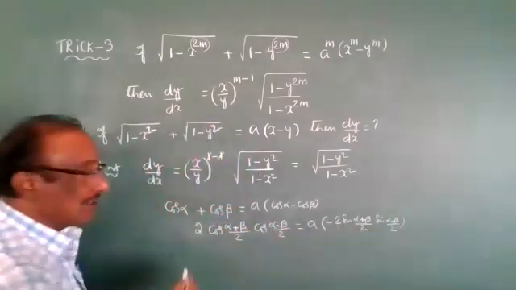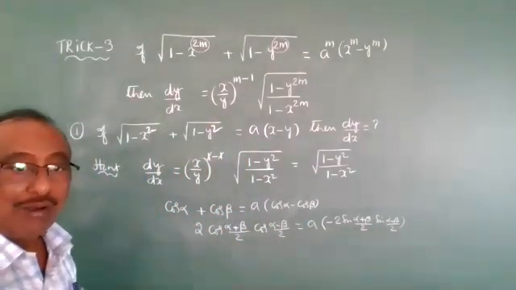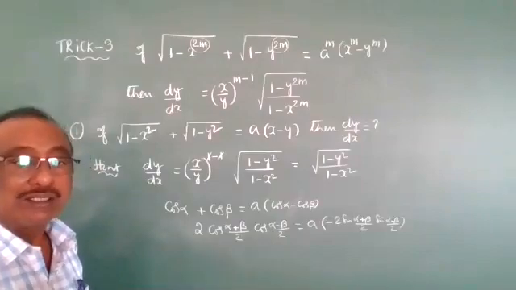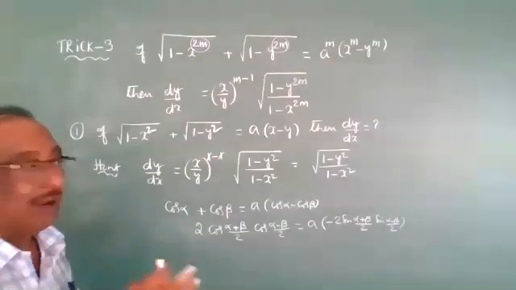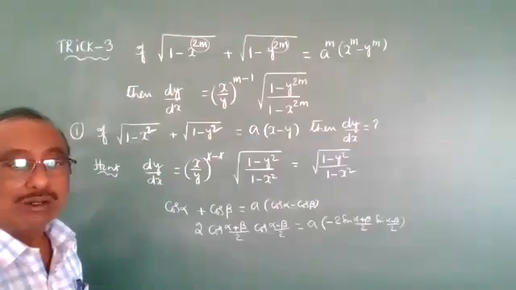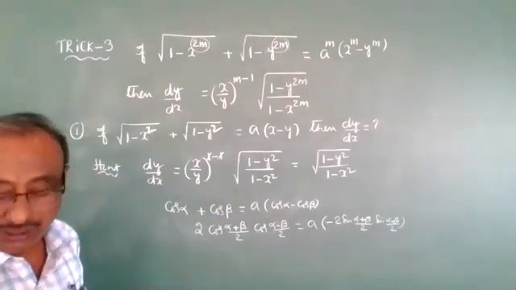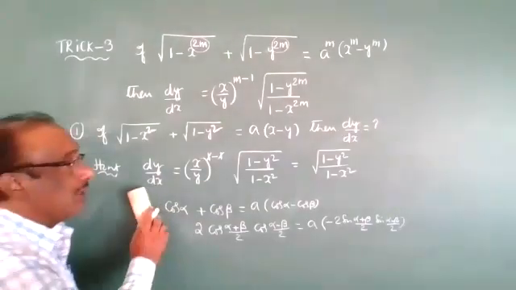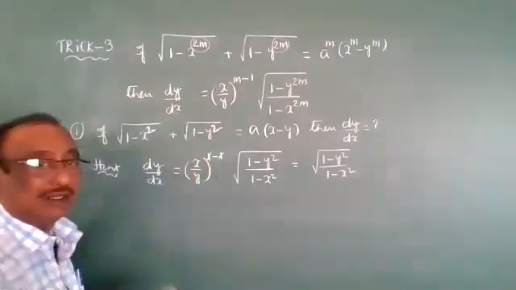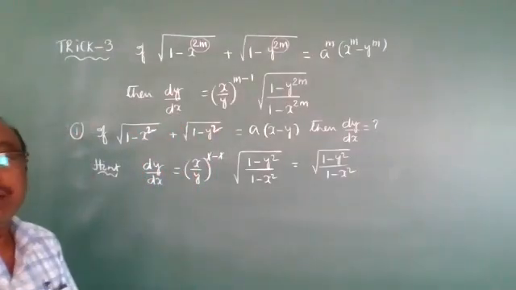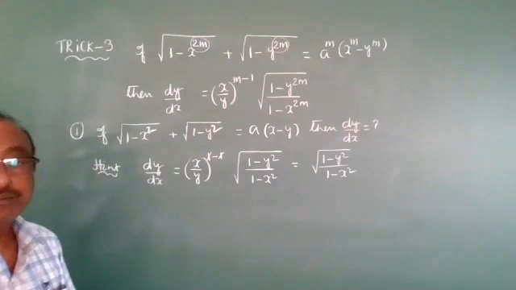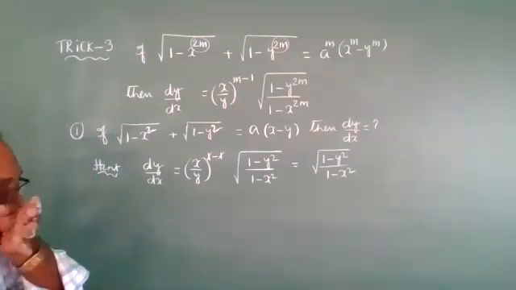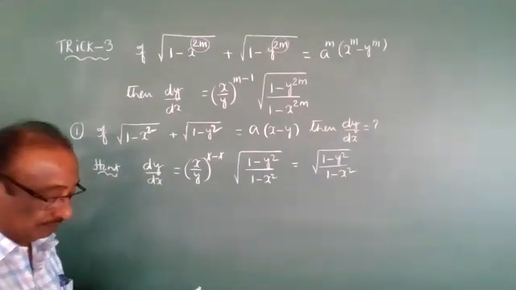Next write tan (alpha plus beta) by 2 and tan alpha, and then write alpha and beta in terms of x. So this is the long procedure of the problem. Simply, we can do it in only one step.